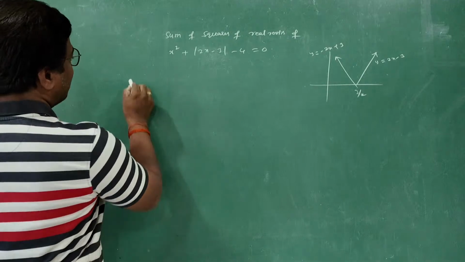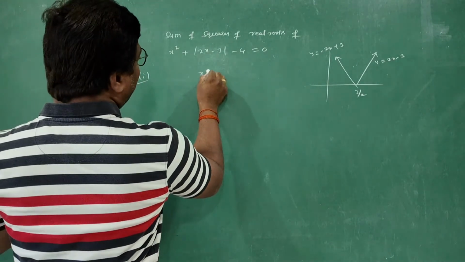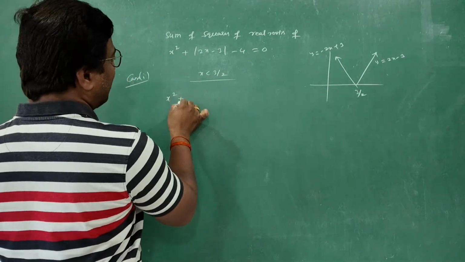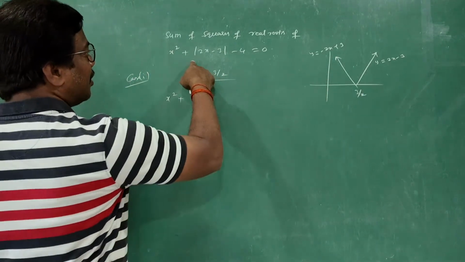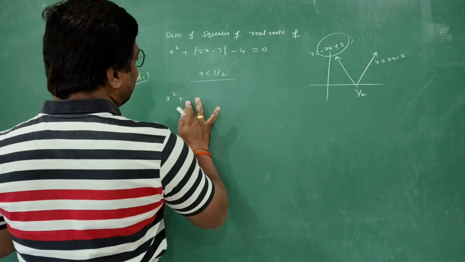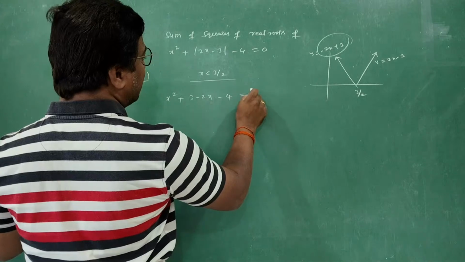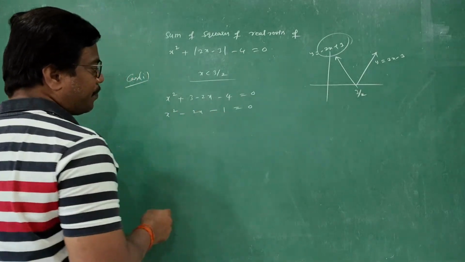So first case 1 I am going to write, whenever x value is less than 3 by 2. Observe, x square plus, for x values less than 3 by 2, the modulus function is written as minus 2x plus 3, nothing but 3 minus 2x, minus 4 equal to 0. X square minus 2x minus 1 equals 0.